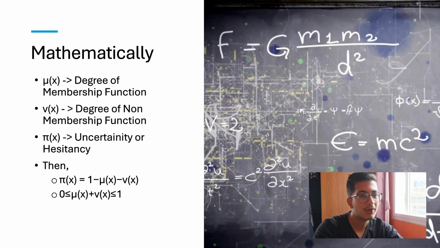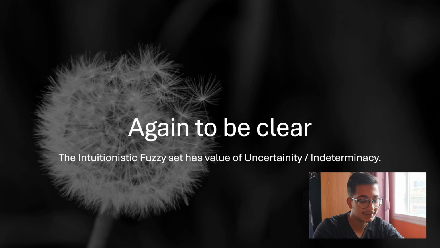That's how I understand intuitionistic fuzzy sets, right? Again, to be clear, in the intuitionistic fuzzy set, the set has a value of uncertainty or indeterminacy, which means the error caused by external factors.